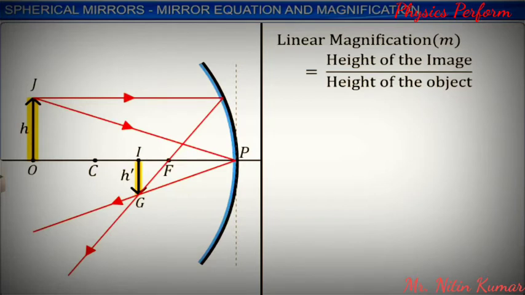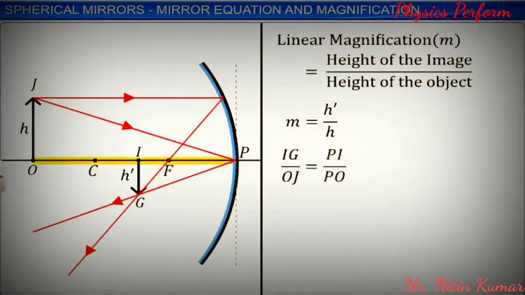Since the two triangles OJP and IGP are similar, we can write that IG by OJ is equal to PI by PO. When a proper sign convention is applied, we get OJ is equal to H and IG is equal to minus H dash.